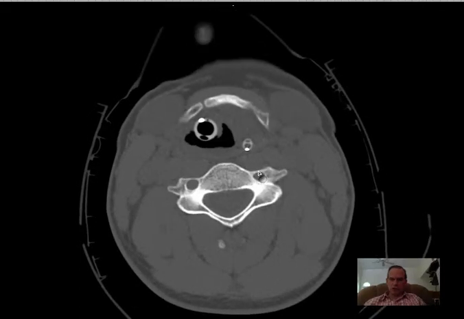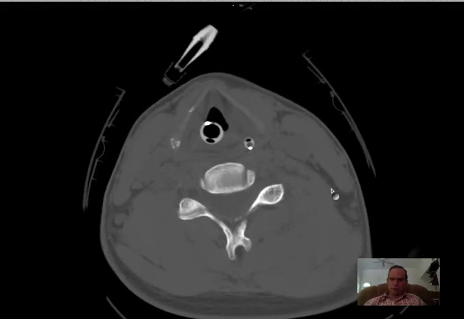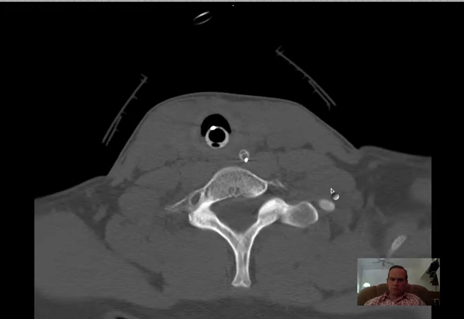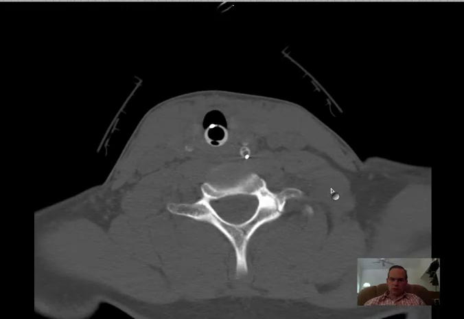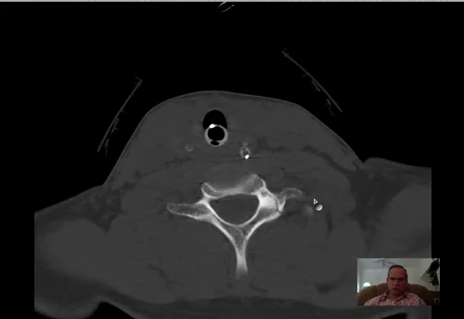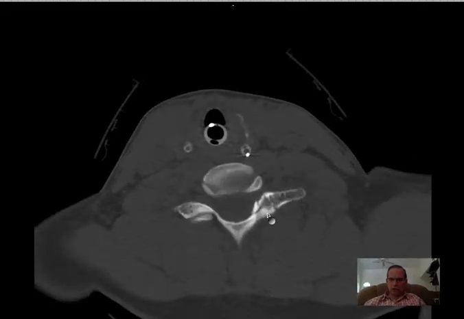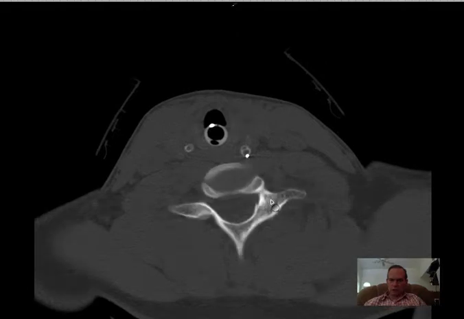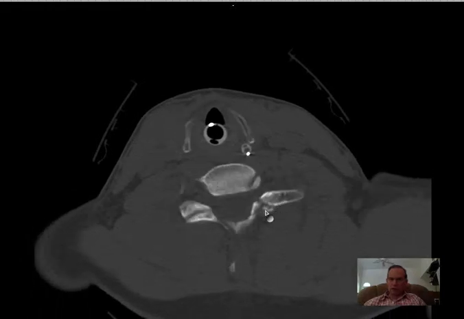Here's the vertebral foramen, where the vertebral arteries run. Here you have the fracture at C7, a little more clearly delineated on this axial view, and you can see how it extends through the C7 lateral mass area and also into the lamina of C7 on the left.